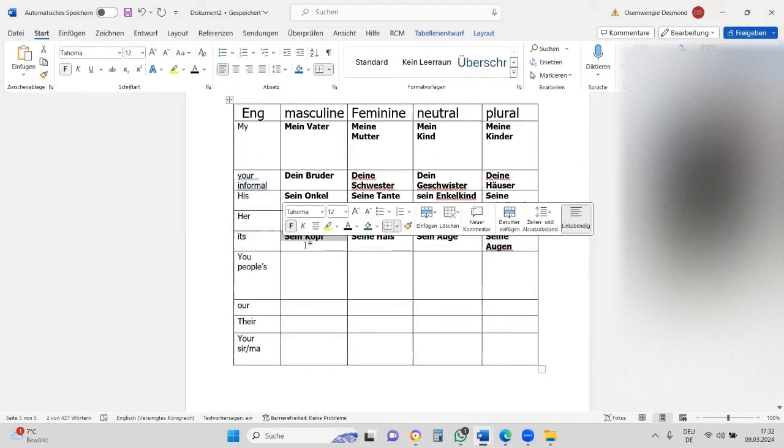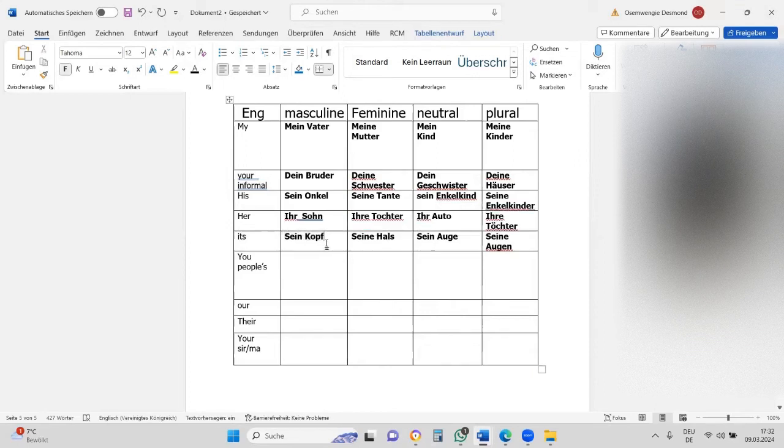So let's say sein Kopf. Kopf means what? Head. Its head. Sein Kopf. Seine Hals. Neck. Sein Auge. Auge means eye. Sein Auge, one eye.